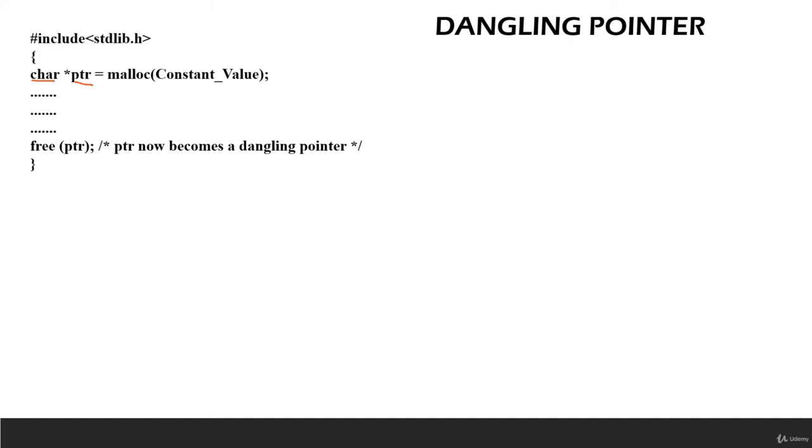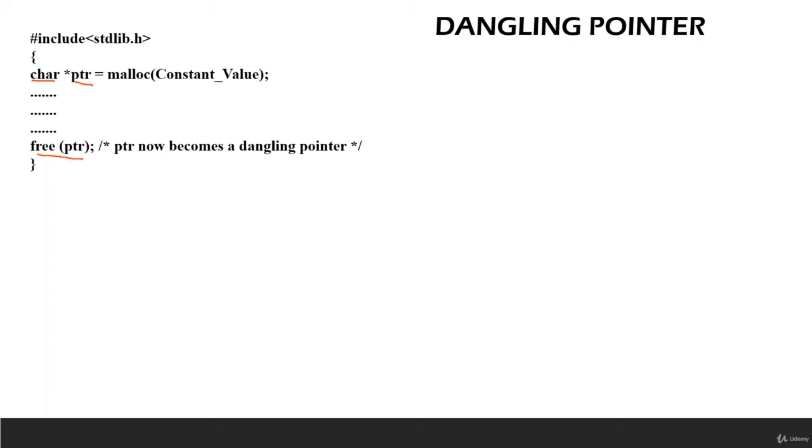But after that, I used free(pointer). It means that I am making the pointer point to nothing now, because at the very first the pointer was pointing to the addresses where the characters were stored.